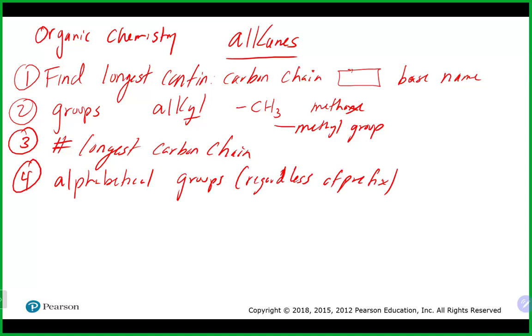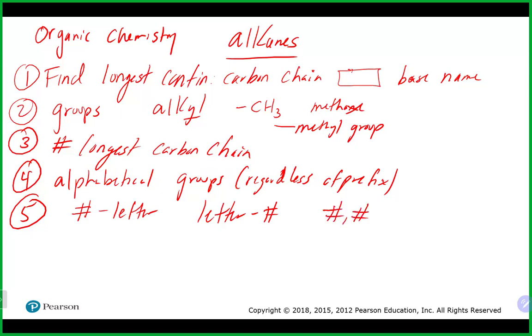And when we name these, remember, every time you go between a number and a letter, you do need the dash. Also, if you are going between a letter and a number, you also need a dash. And if you've got a couple numbers back to back, you do need commas between them.